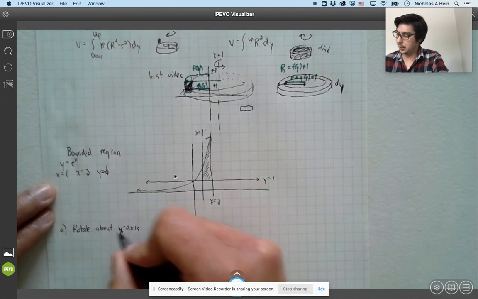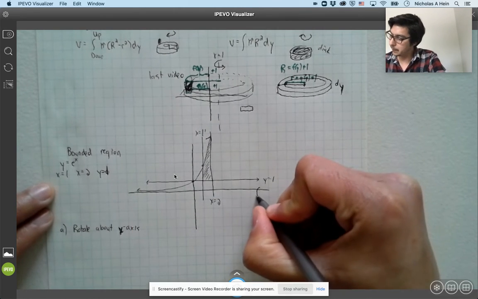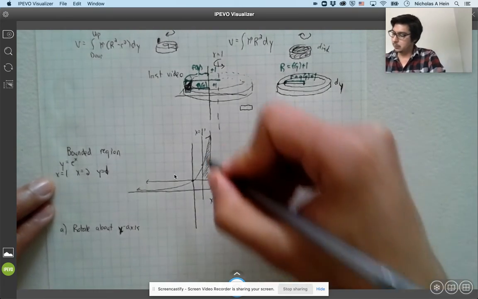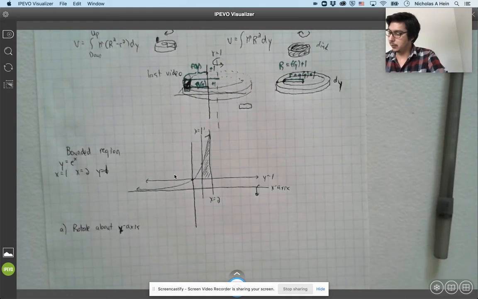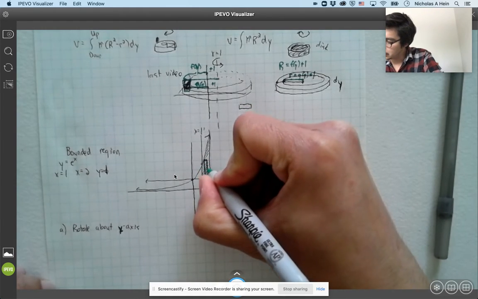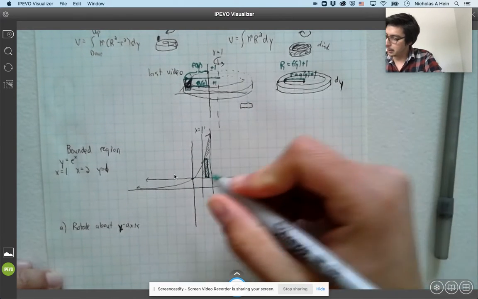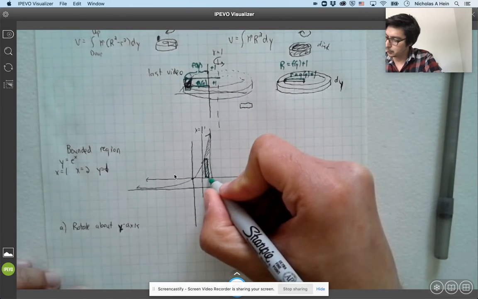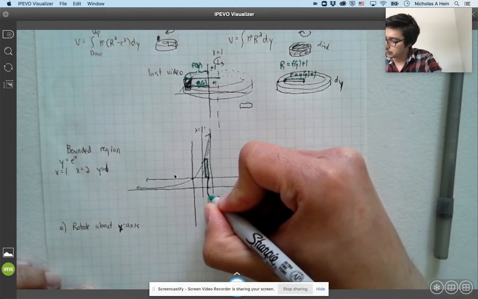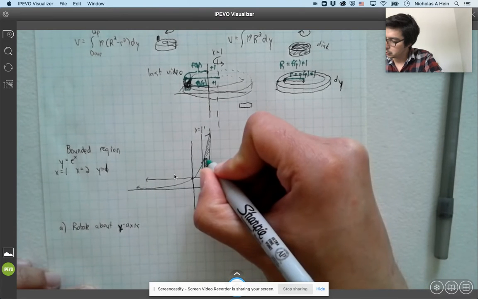So if we rotate about the x-axis, here's your x-axis. Let's use my color. So we look at an area of a rectangle, and I drew one left endpoint. And we rotate about the x-axis. What you end up creating here would look something like this.